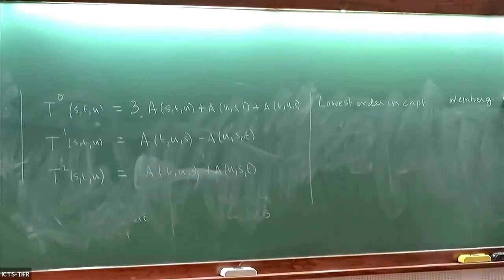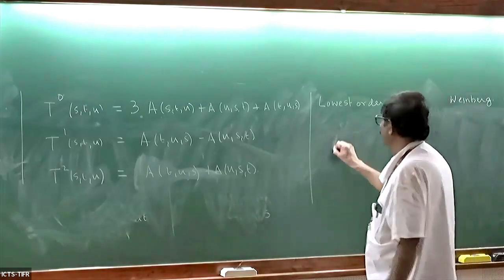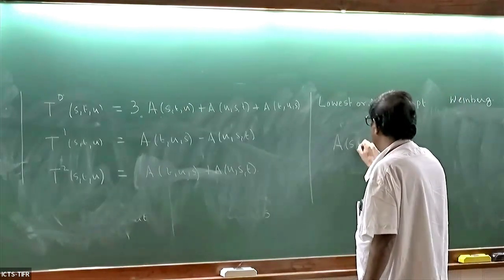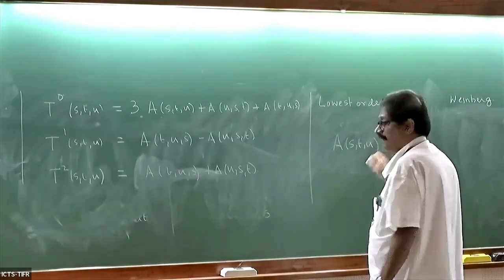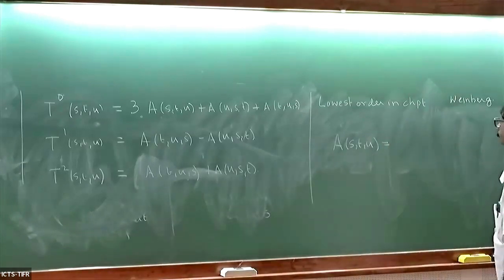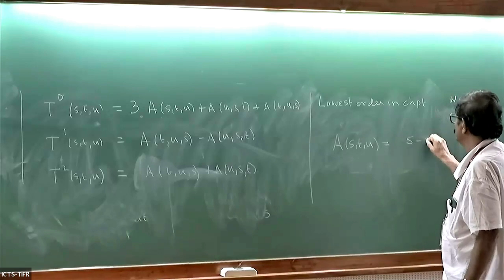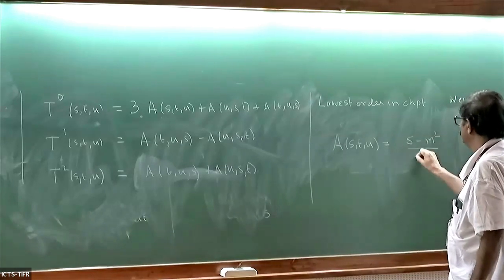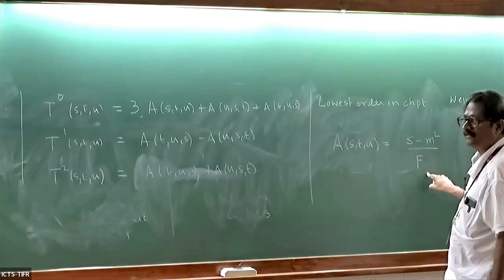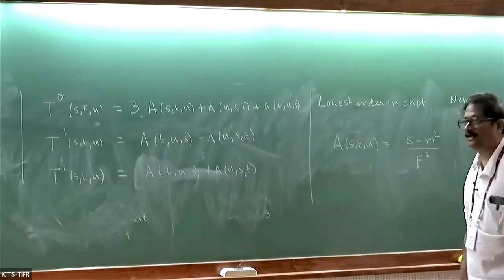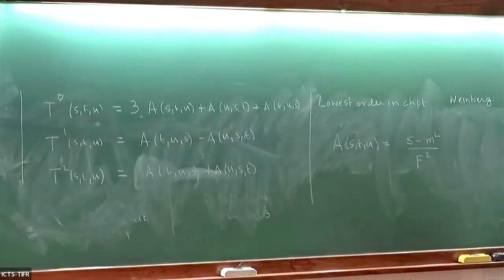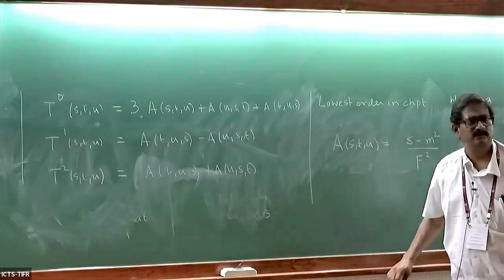So he gave, at the lowest order, what A(S,T,U) is. And this is a very remarkable thing: it is a very simple linear function, (S minus m squared) by, I don't remember if it's f or f squared. I think it must be f squared. F squared, thanks. A(S,T,U) can't possibly be simpler than this.